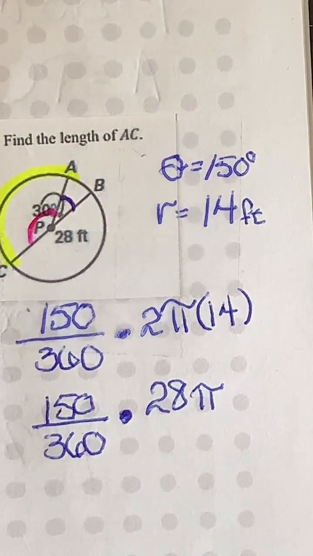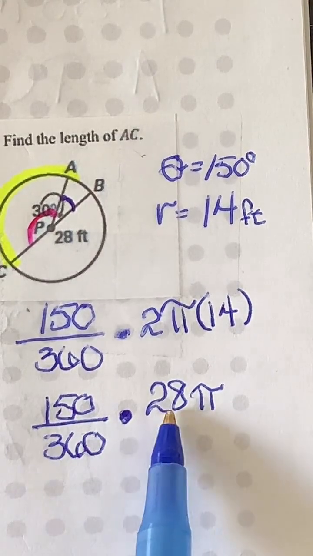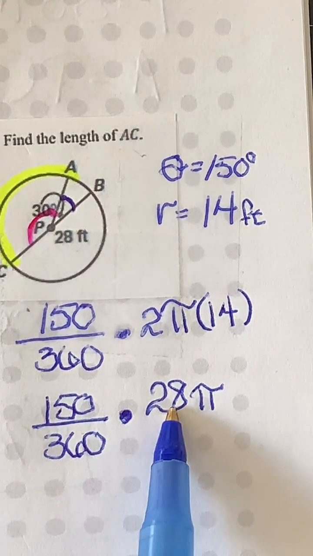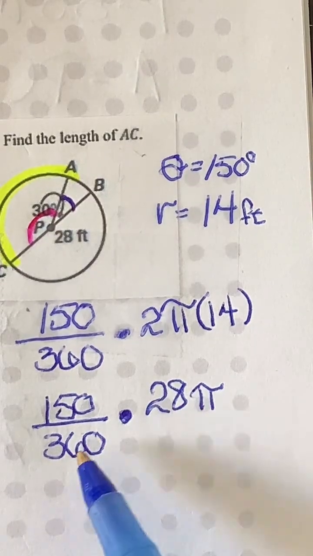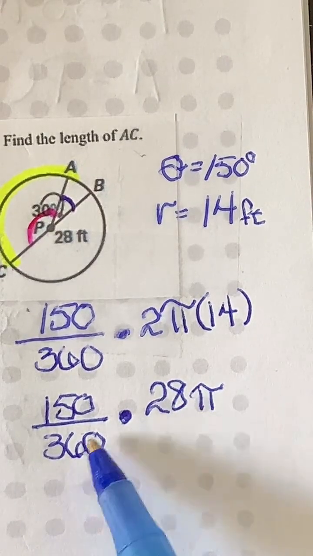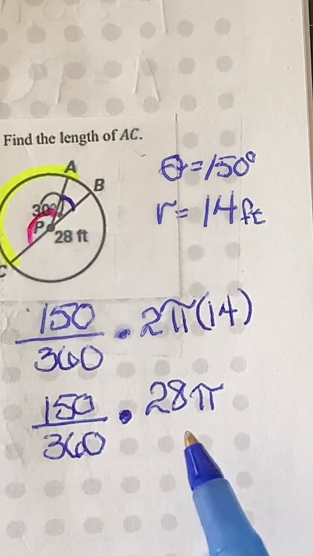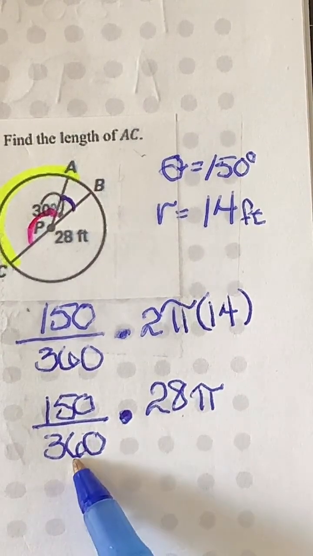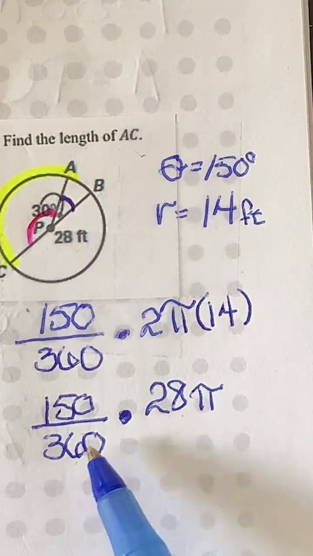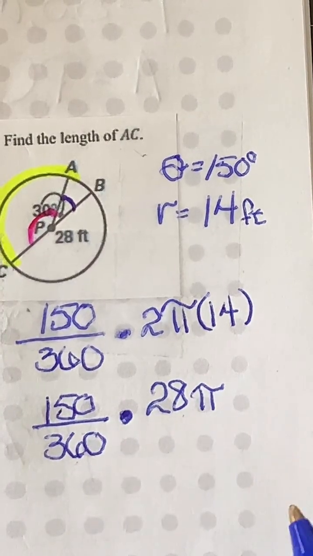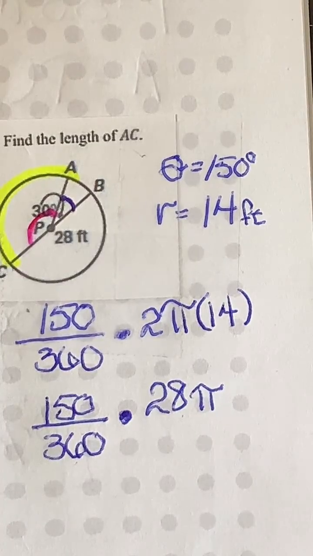So we could do this right here one of two ways. We could multiply the numerator with the whole number, or we can do what's called cross simplify, so you're not dealing with such large numbers. Since 28 and 360 are both even numbers, I want to tackle it and see if I can simplify it this way.